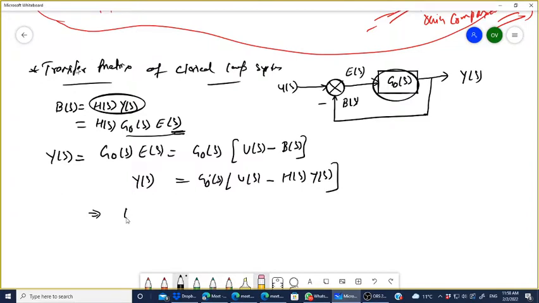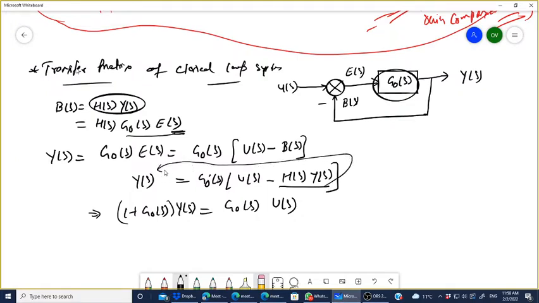1 plus G naught S times YS is equal to G naught S US. Am I right? This term should be taken to this side and we have solved. Is it clear? Yes or no?